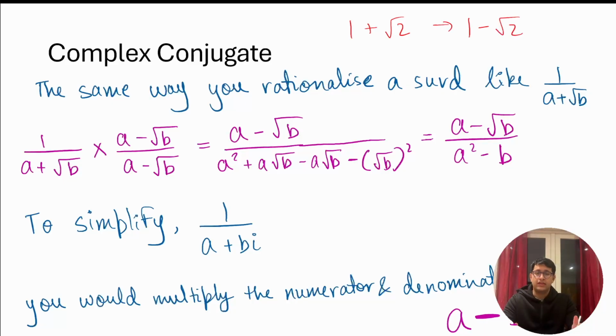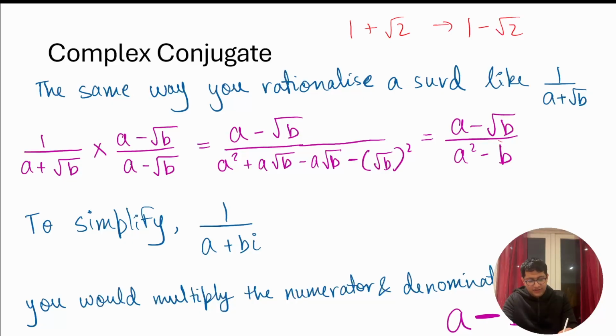So the same way that you'd rationalize a surd like 1 over a plus the square root of b, and rationalizing a surd, all that means is getting rid of the surd in the denominator, bringing all the surds to the numerator so the denominator is just nice numbers, you'd accomplish that by multiplying this surd by its conjugate.